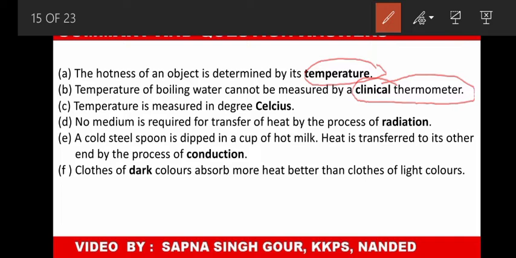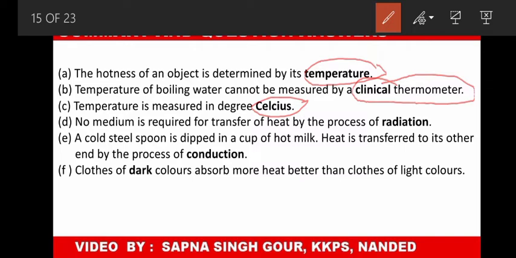Then the third fill in the blank: temperature is measured in degree blank. With which degree? Celsius. The answer is Celsius. Next, no medium is required for transfer of heat by the process of blank.